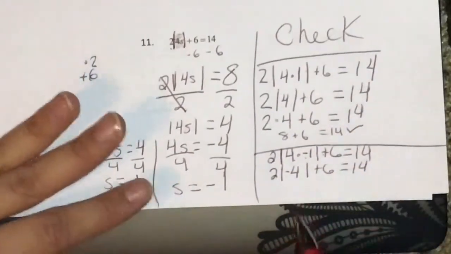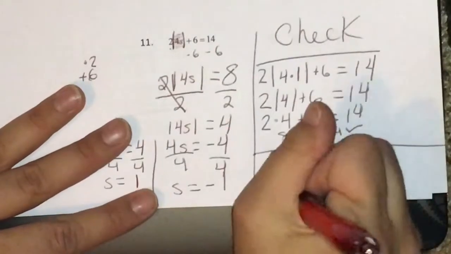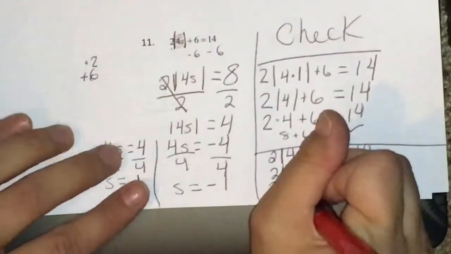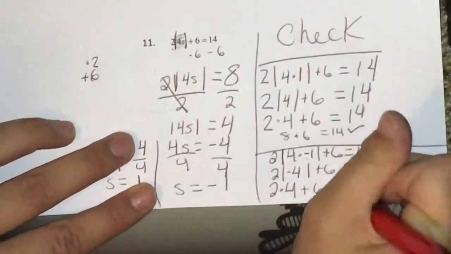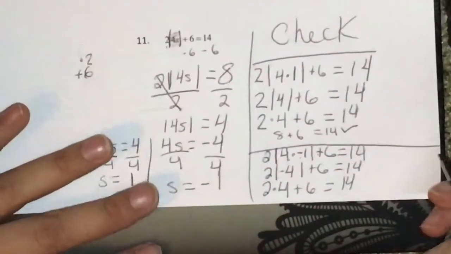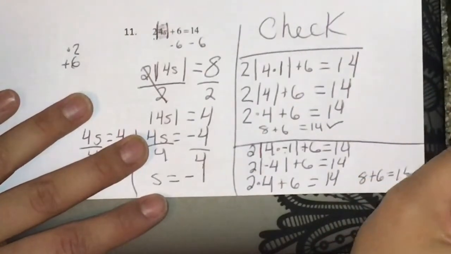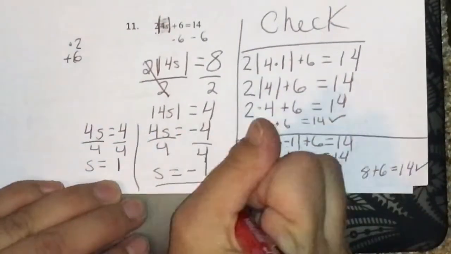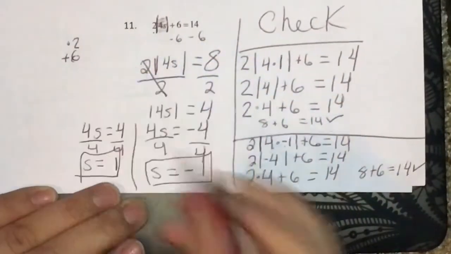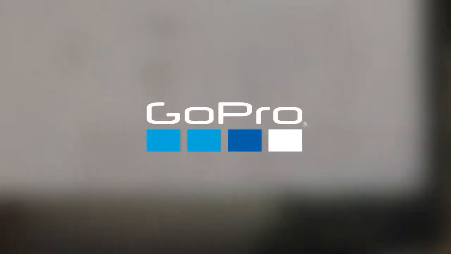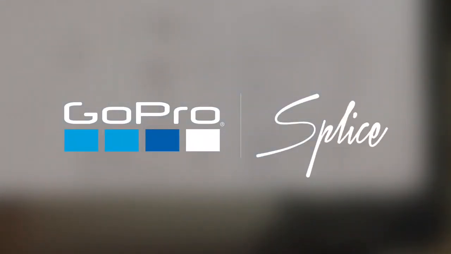What is the absolute value now of negative 4? Remember, the absolute value is the distance from 0, and it's 4 units from 0. If I were to keep simplifying, I would get 8 plus 6 is equal to 14, which again is going to work. So therefore, my answers, s equals 1 and s equals negative 1, are going to work.